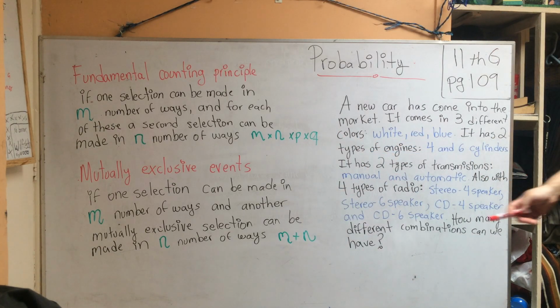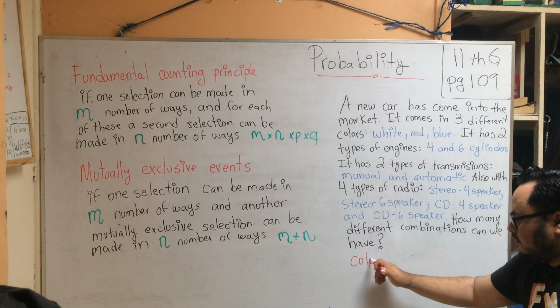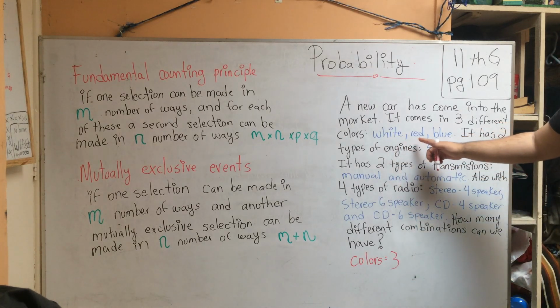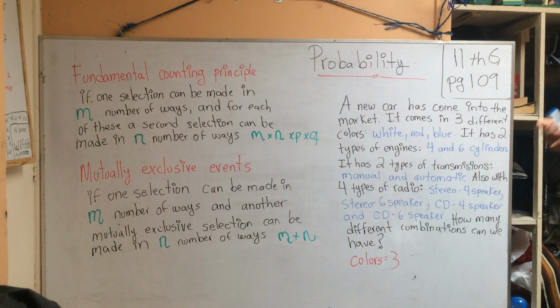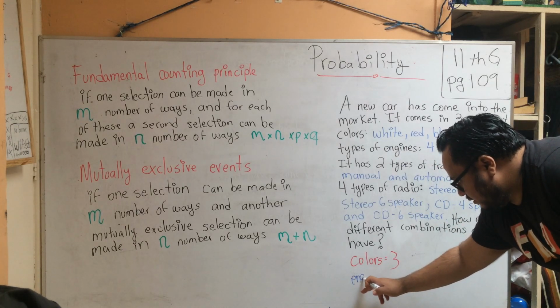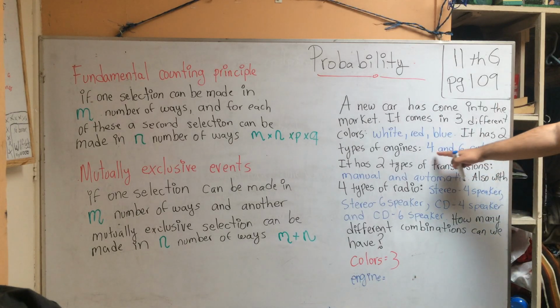How many options for colors? Let's put it here. For colors, how many options? 3, right? White, red, and blue. Let's talk about engine. How many options do we have for engines? 2.